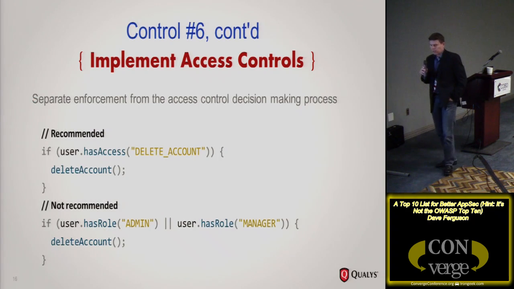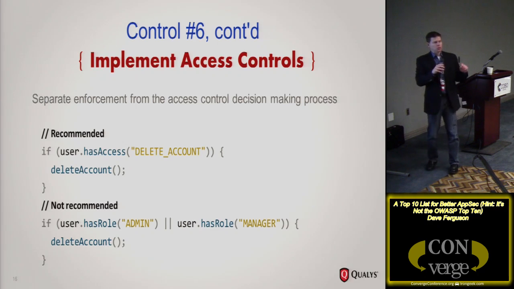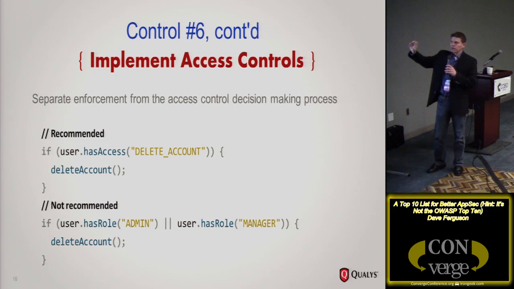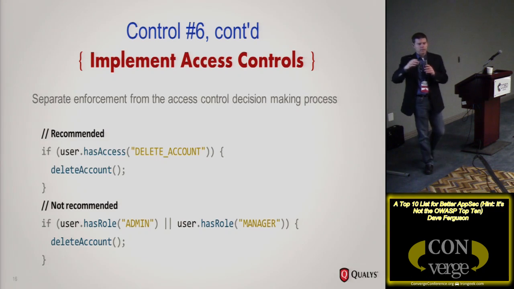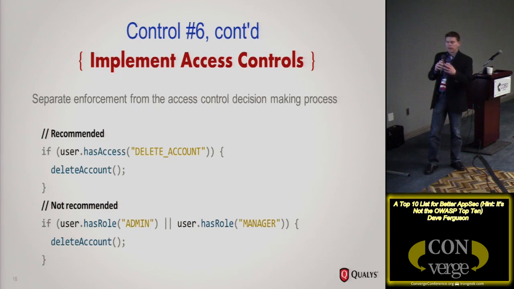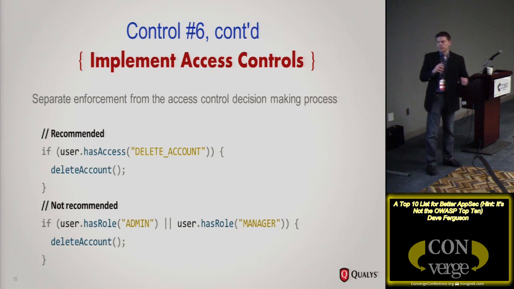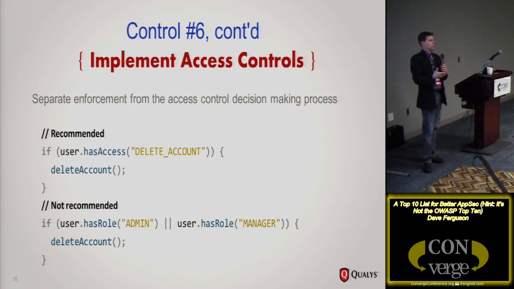The recommendation is to enforce separately the access control decision from the actual decision-making process. So in other words, let's say you have a method called hasAccess. Every user object has a method called hasAccess. And then you pass in the particular action being requested. So that's preferred over the second model here, where you're basically checking the user role every single time.